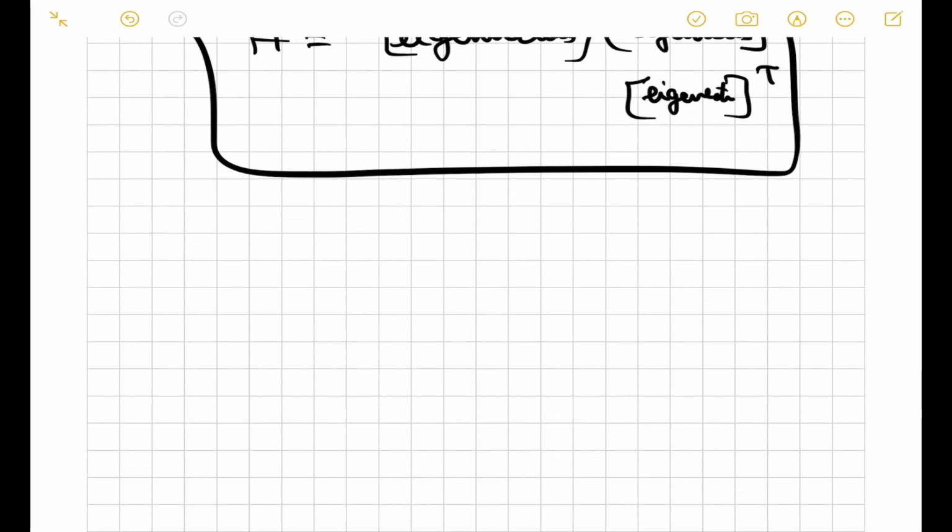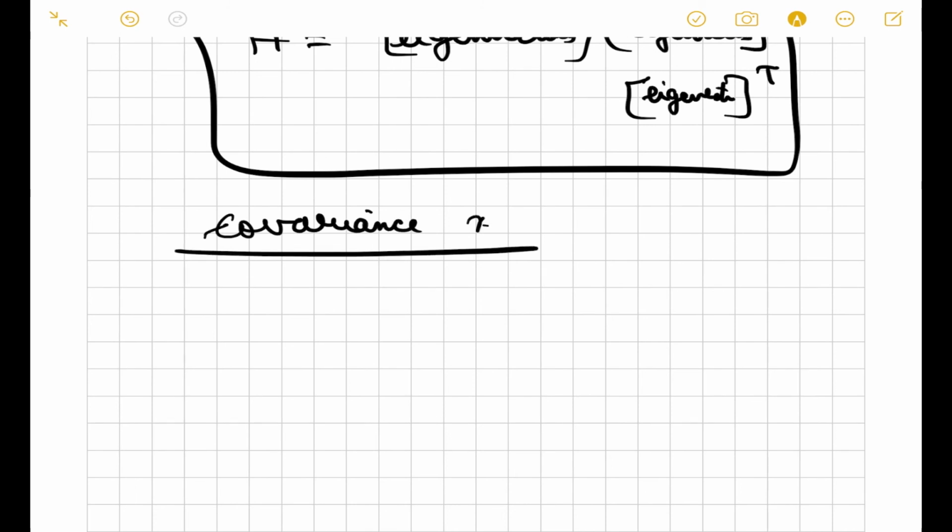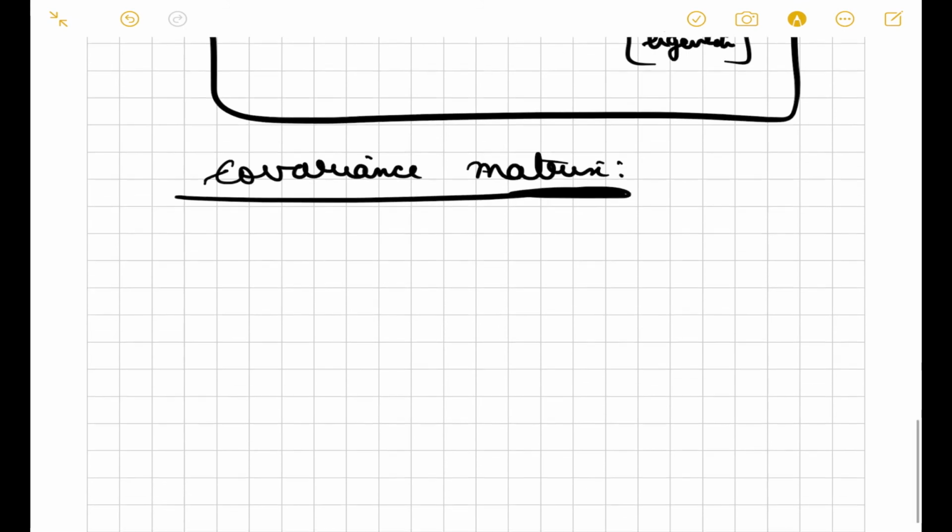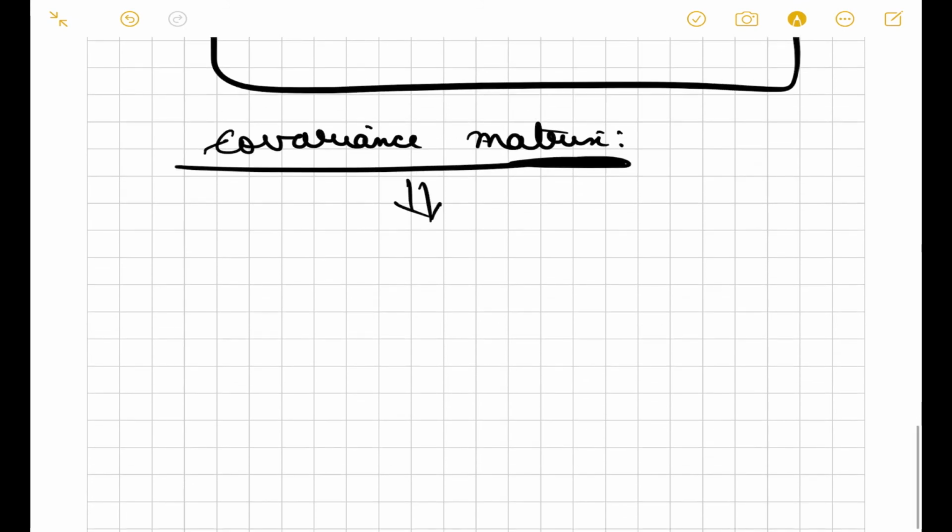Also, in the literature, you will frequently encounter that many scientists prefer to work with the covariance matrix. When we go into principal component analysis, we will realize the importance of the covariance matrix. But the covariance matrix guarantees both of these conditions.